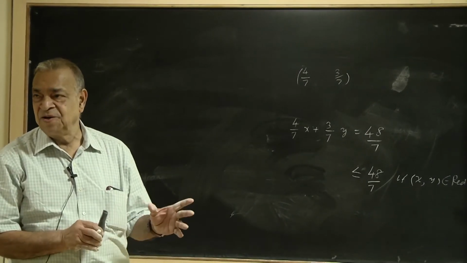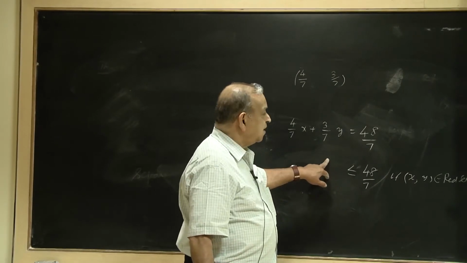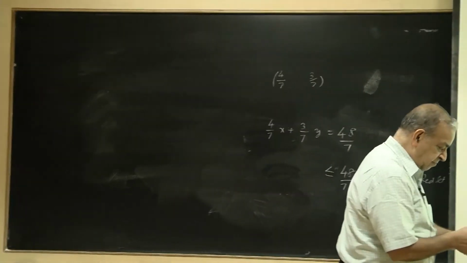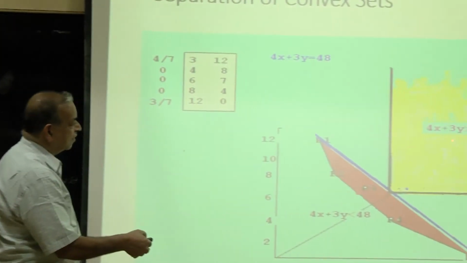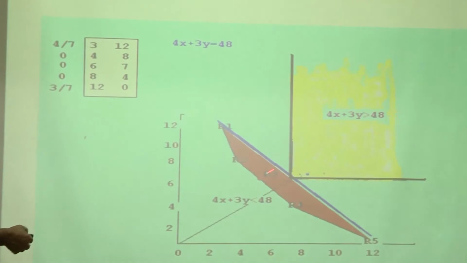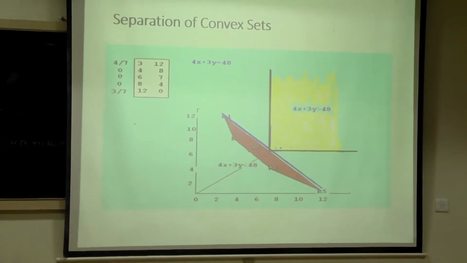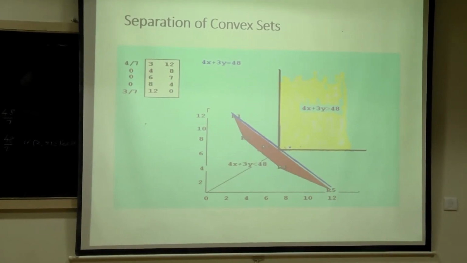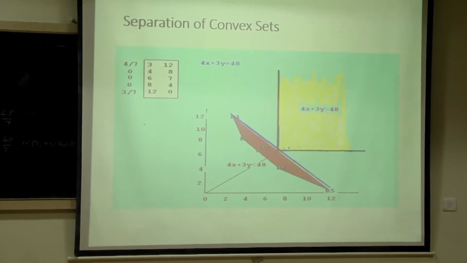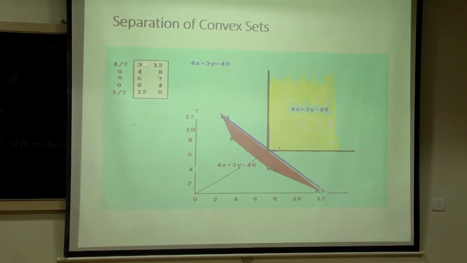Are you with me? 4 over 7x plus 3 over 7y is equal to 48 on this line. It is greater than on this portion. It is less than or equal to on this portion. So, now what I am saying is, suppose player 1 chooses this point, 3, 12.